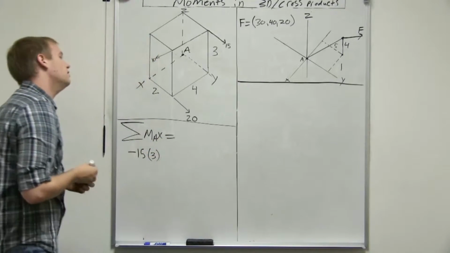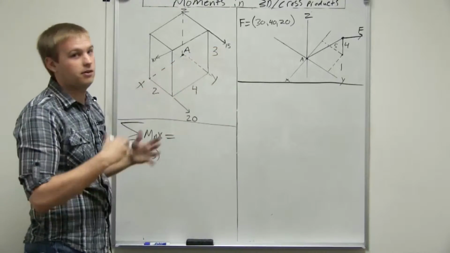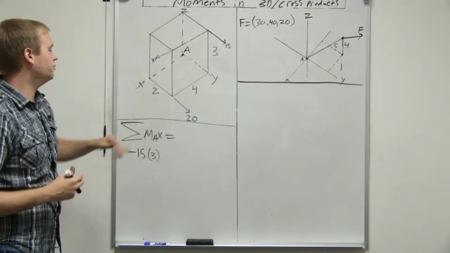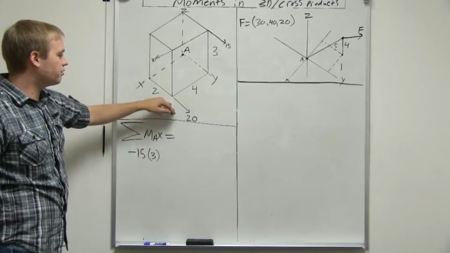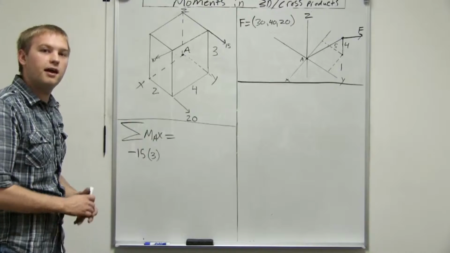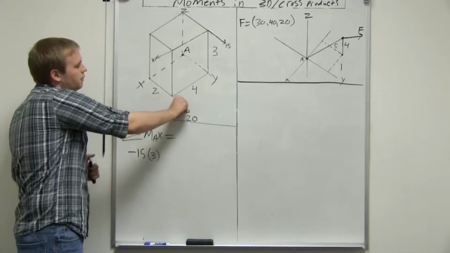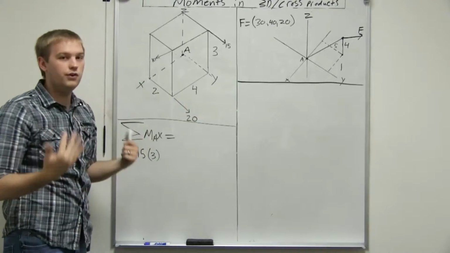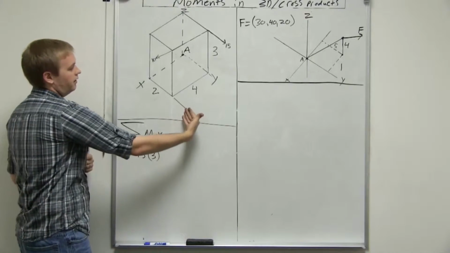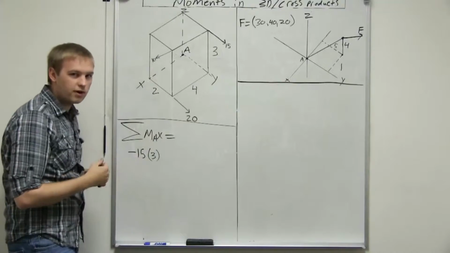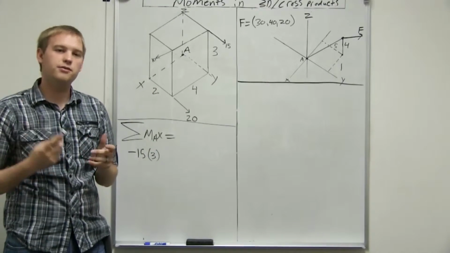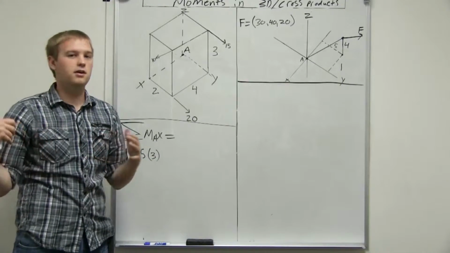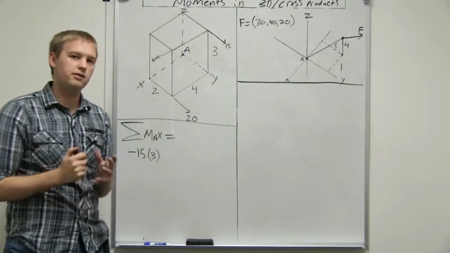Okay, and we already determined that this 15 pounds doesn't create a moment about any other axis. So let's go on to the next one. Actually, we're going to do the 20 next. Now, does 20 create a moment about the x-axis? Well, the answer is no, because the force passes straight through the axis. And if you remember, in 2D, whenever a force went straight through a point, it created no moment.